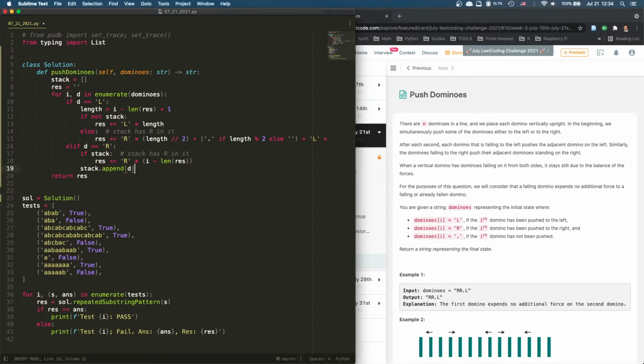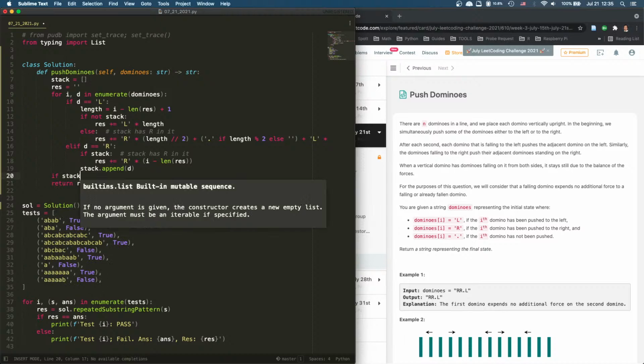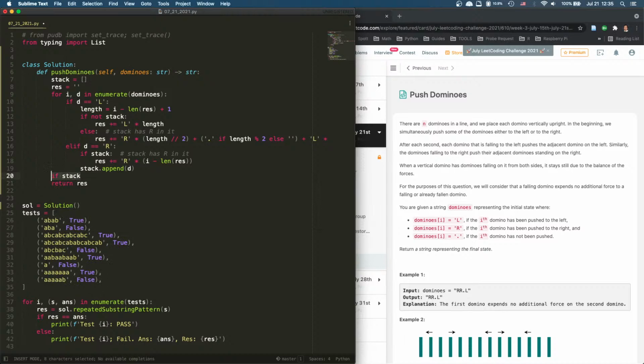Oh, actually, it's not right, because the rest is not yet. We still have something left. So we're going to say if stack, we can do this.